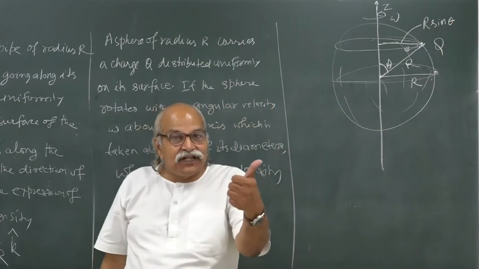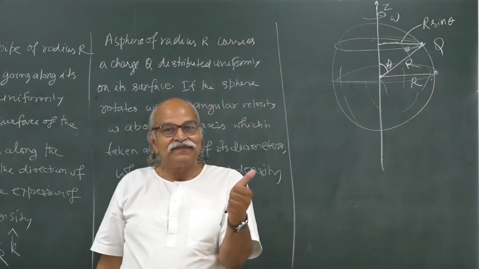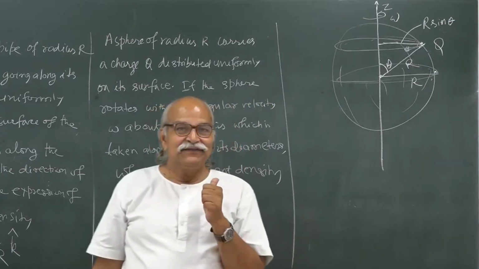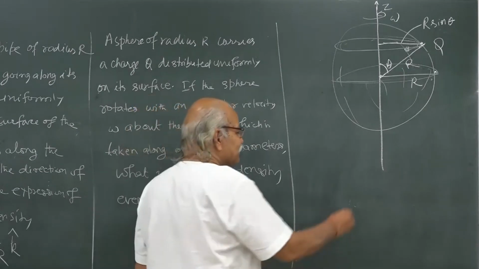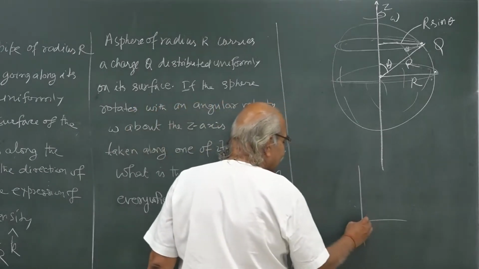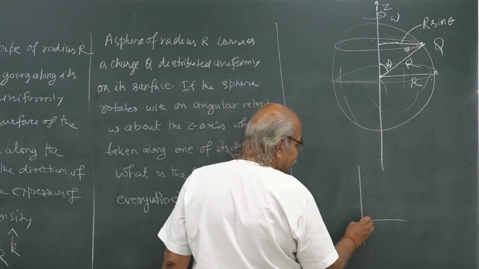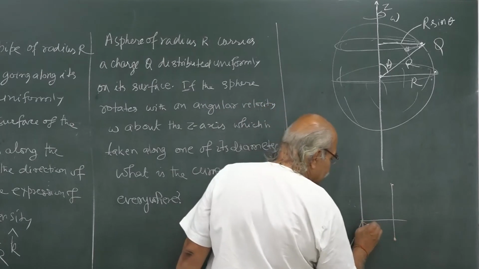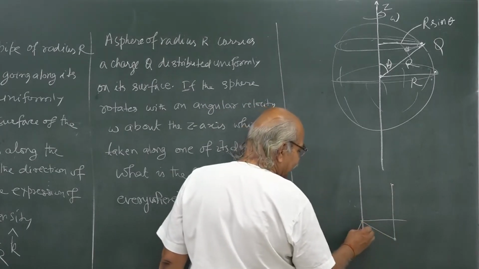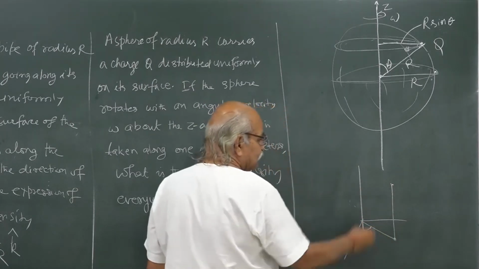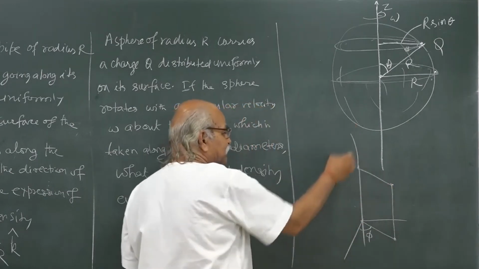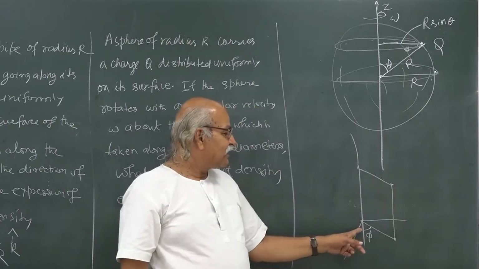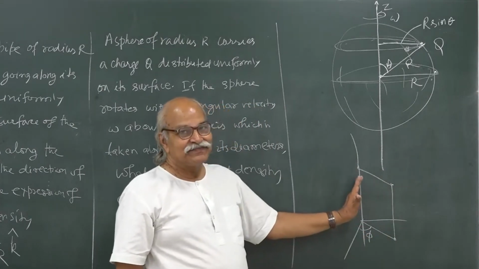And what is the direction in which this charge is moving? That is the phi cap direction. In spherical polar coordinates, if you take some point, drop a perpendicular, then join here, and with the x axis the angle is phi. So, this plane is making angle phi with the xz plane.